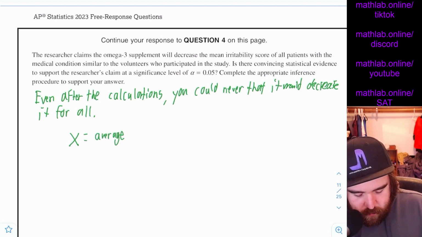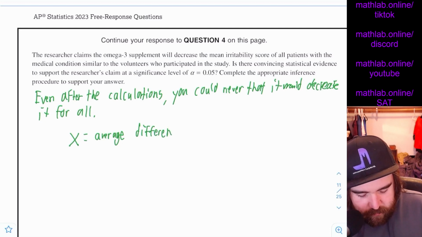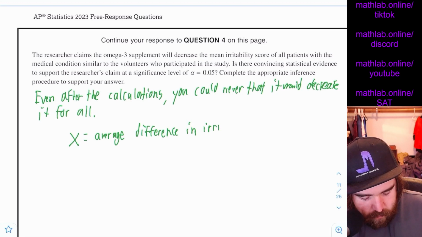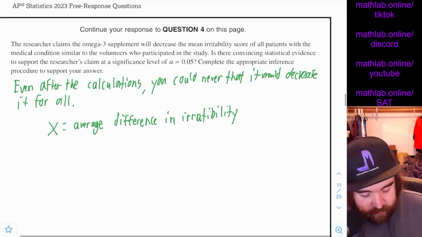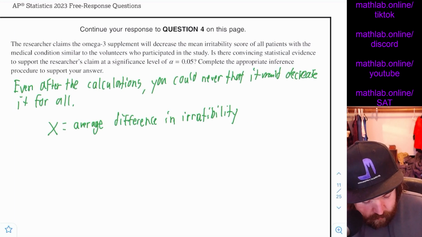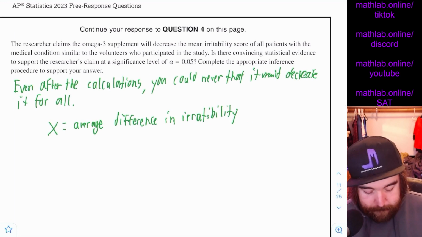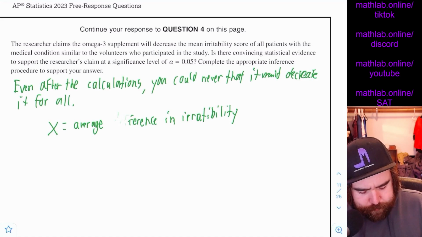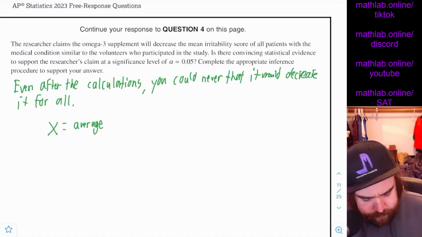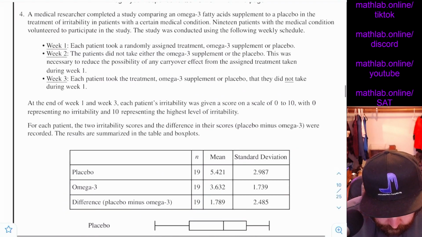average difference in irritability. It's the average difference in irritability, or the average. I mean, what did they do?